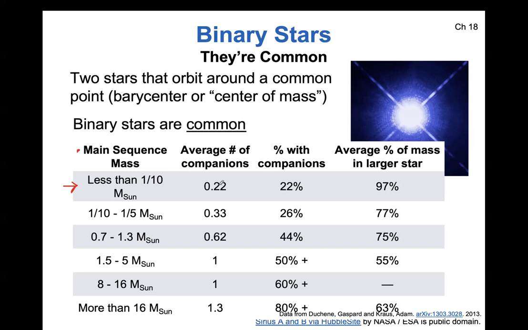And that literally means that 22% of stars with this mass, these small stars, have a companion. So about 1/5 of the small stars have a companion. And when they have a companion, the percentage of mass in the larger of the two is by far most of the mass in the system.